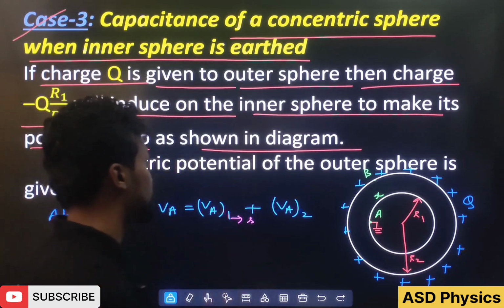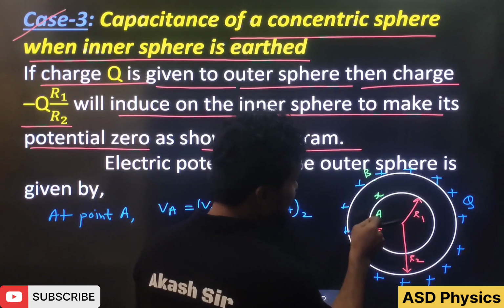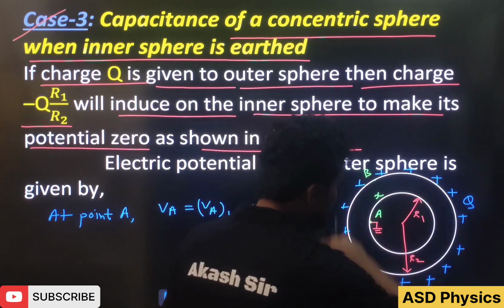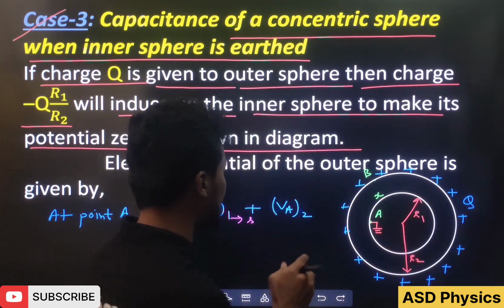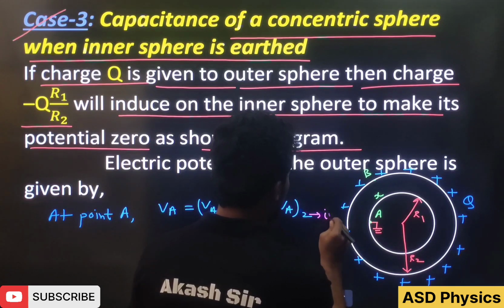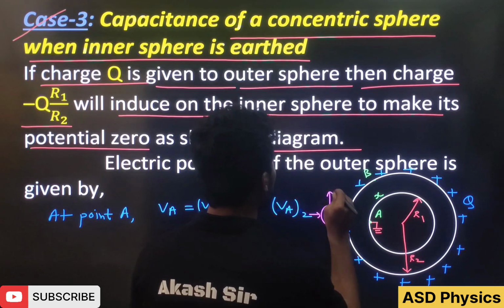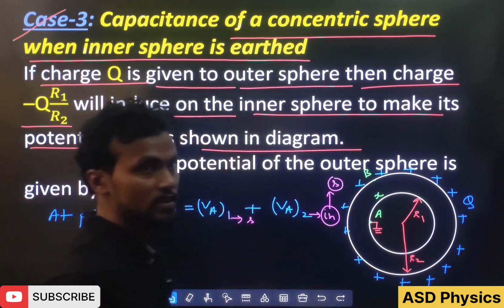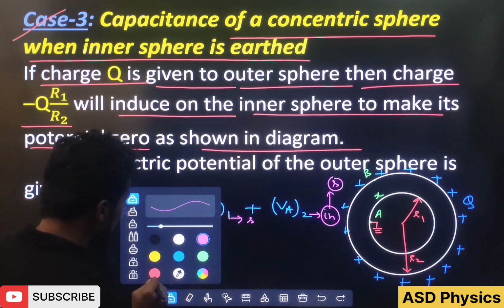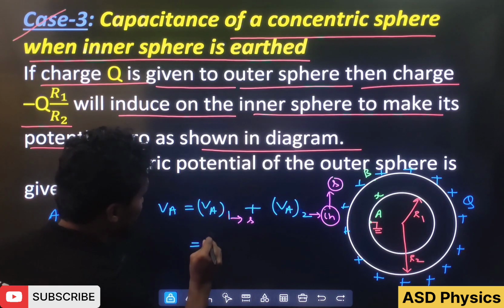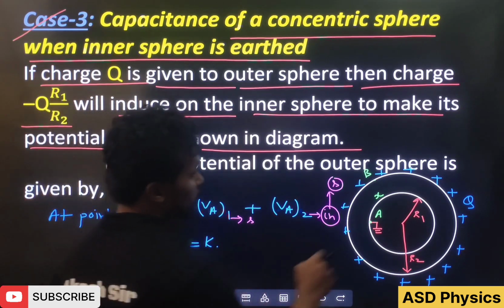On the surface. Similarly, point A with respect to 2 is where? Inside. And inside always means the surface potential.